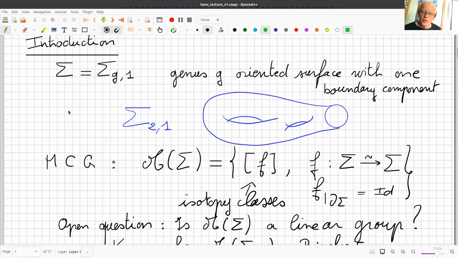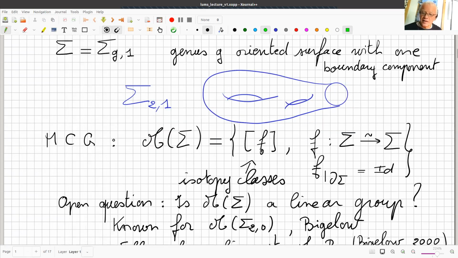Here I want to define the mapping class group of sigma. This means the set of isotopic classes of diffeomorphisms which are identity on the boundary. And because we have non-empty boundary, this forces them to be oriented.